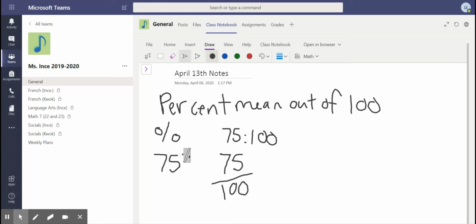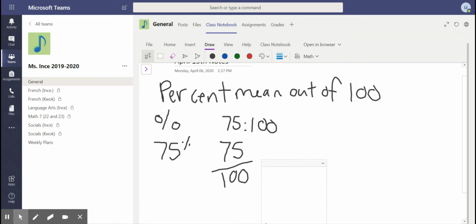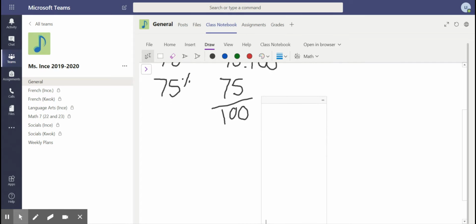Okay, so all percents are out of 100. Obviously, not all fractions are out of 100, so you might have to find an equivalent fraction.